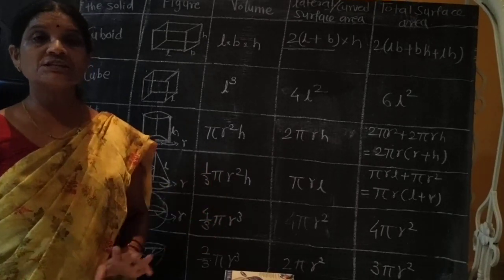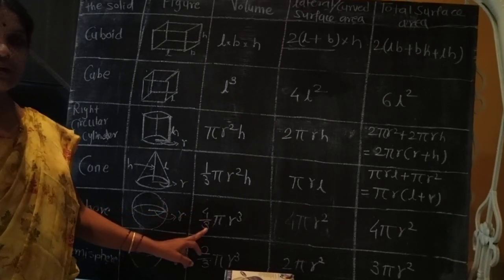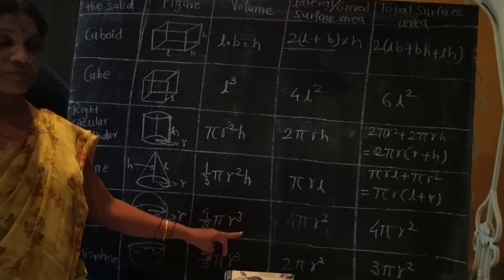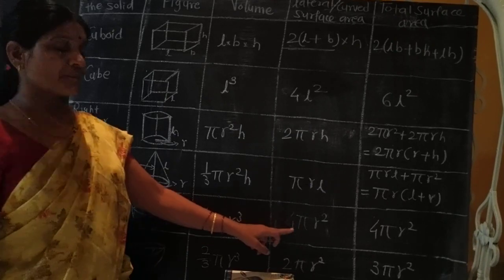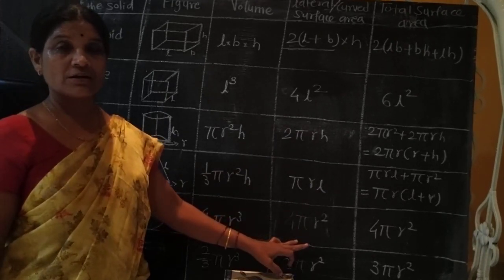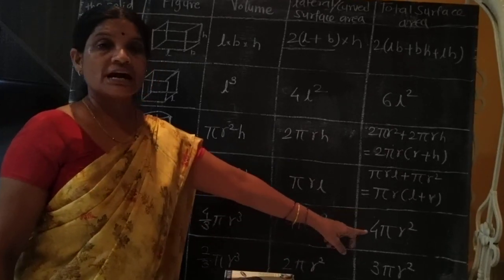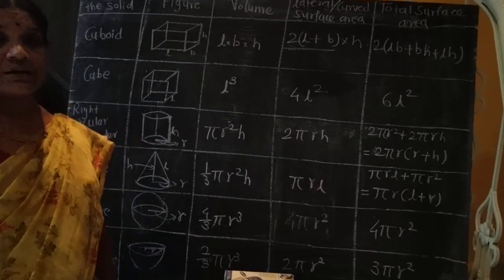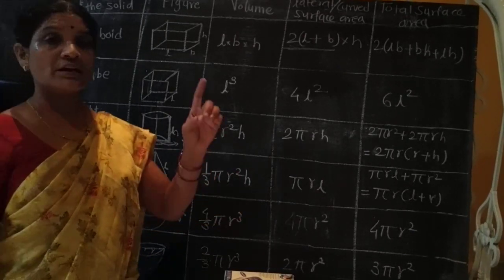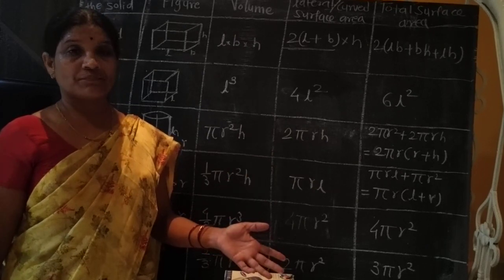It is spherical in shape, and its volume is 4 upon 3 pi r cube. Its curved surface area has the formula 4 pi r square, and its total surface area is also 4 pi r square, because sphere has only one surface area, that is curved in shape.